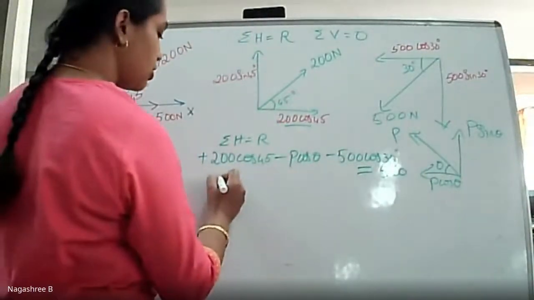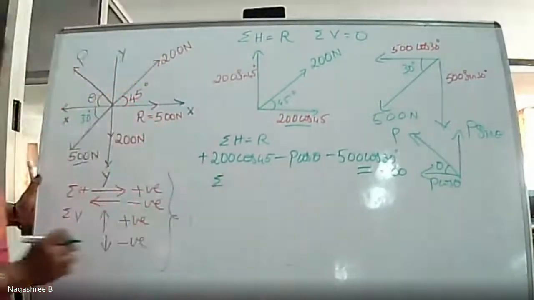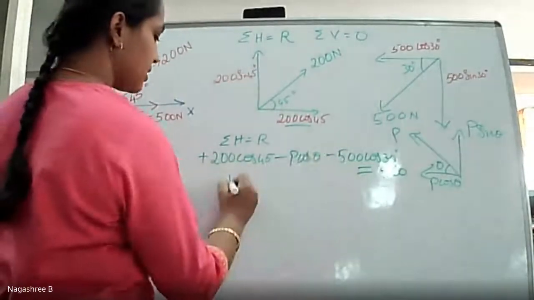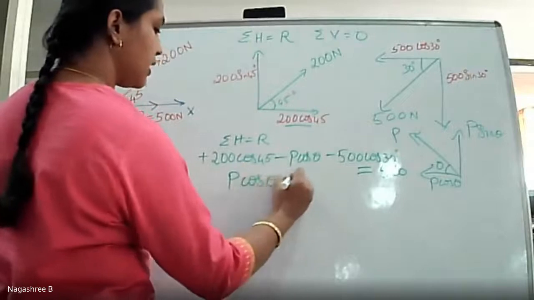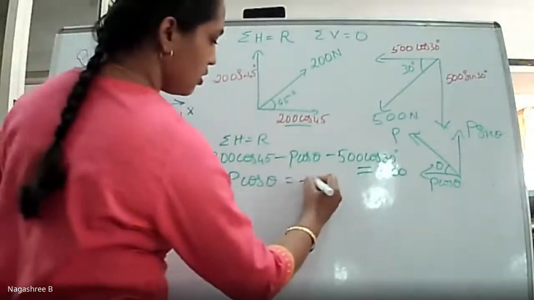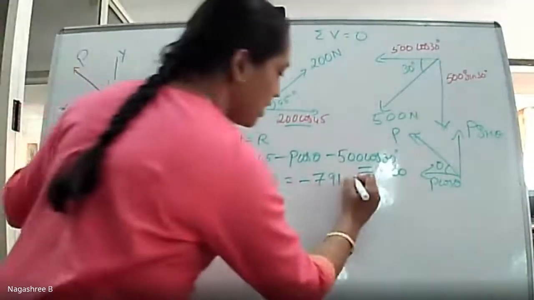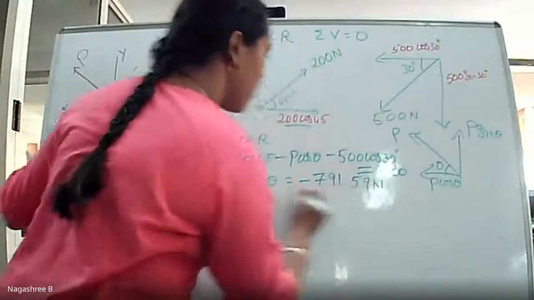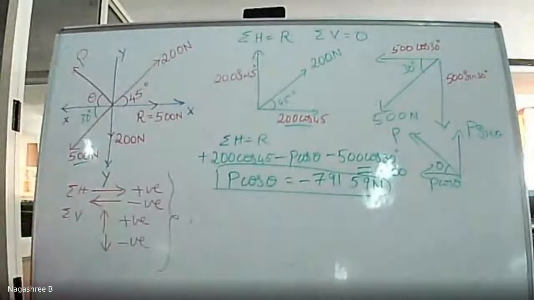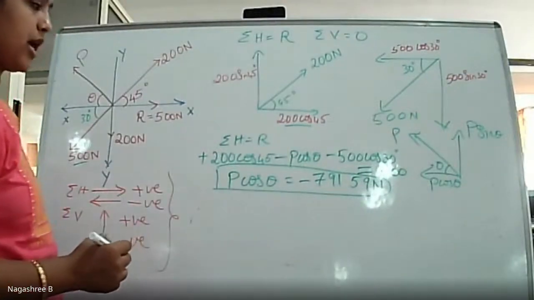So next, coming on to sigma V. Before proceeding to sigma V, if I simplify this, I'll get P cos theta is equal to minus 791.59 Newton.